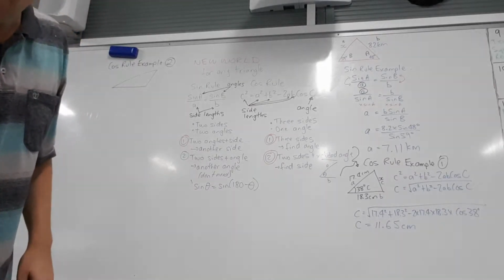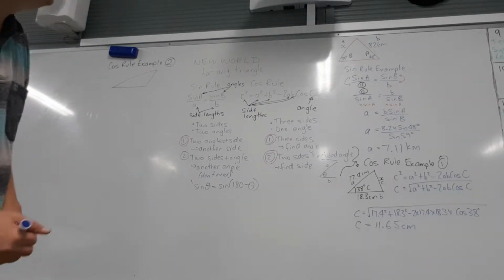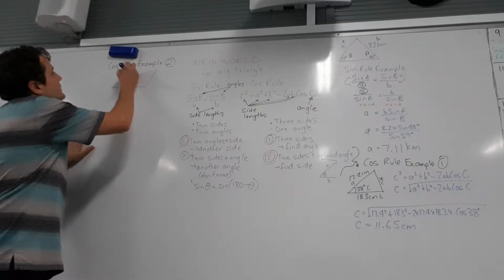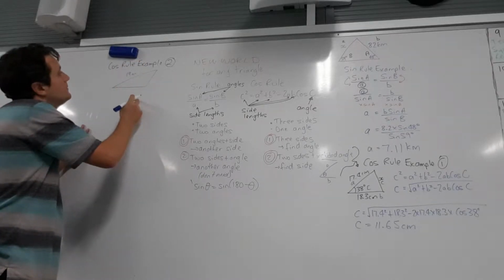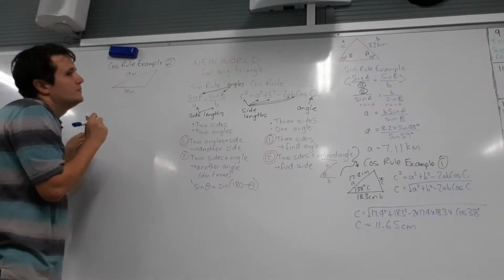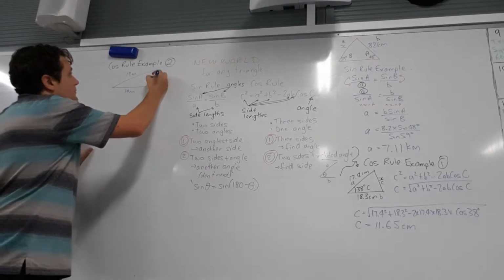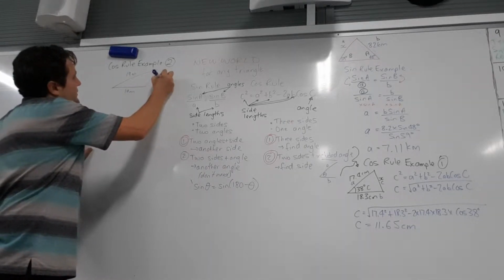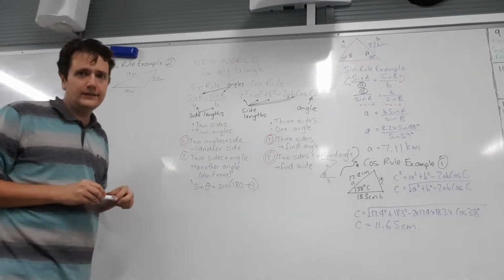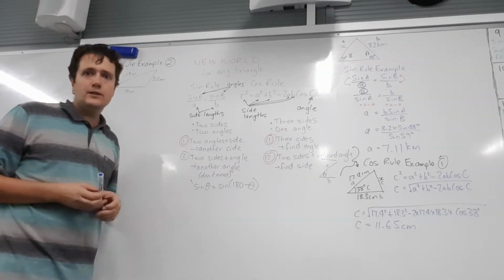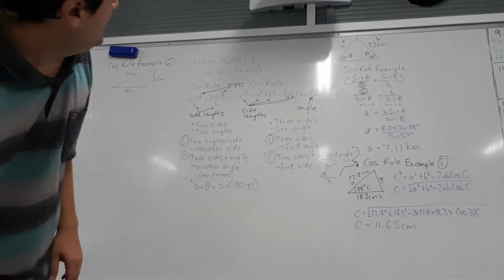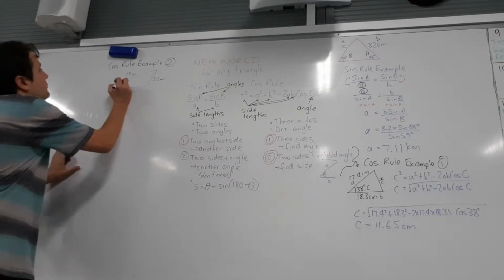All right, so we're going to give our three sides here, make this 19 metres, make this 14 metres, and we'll make this 3.2 metres. So yeah, situation where we've got all three sides. Let's work out an angle. Which angle should we work out? Might work out this one here.